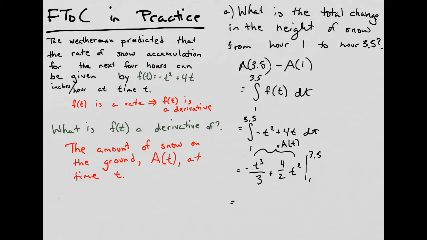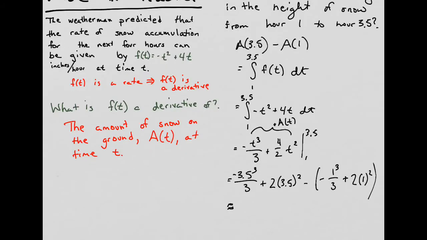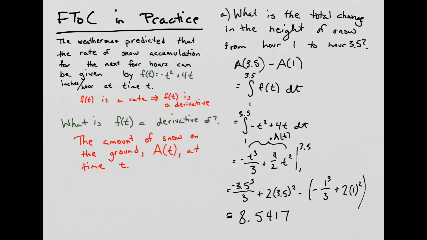And then you plug them in, and you have 3.5 cubed, or negative 3.5 cubed over 3, plus 2 times 3.5 squared, minus, and now you have 1, so negative 1 cubed over 3, plus 2 times 1 squared, which is approximately 8.5417. So just going back, we were given a rate of change, and we were asked for a total change.